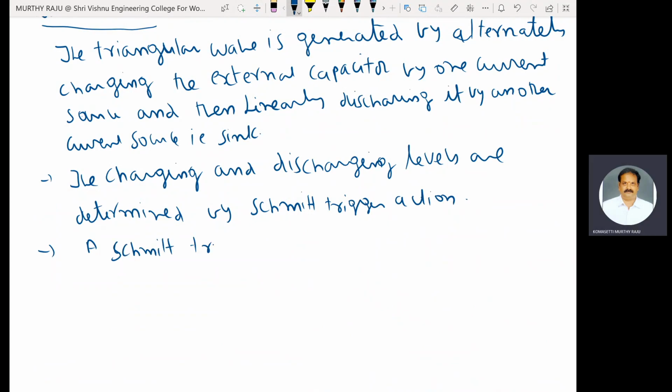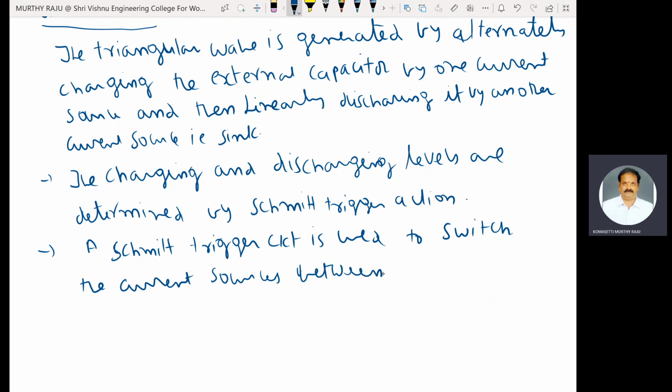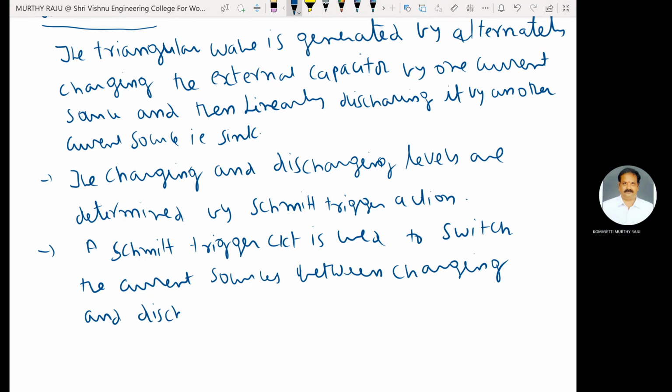Another important point here is that a Schmitt trigger circuit is used to switch the current sources, constant current source and sink, between charging and discharging the capacitor.